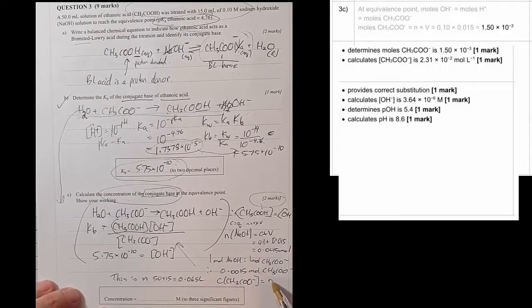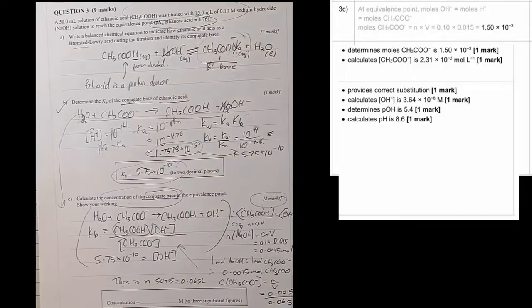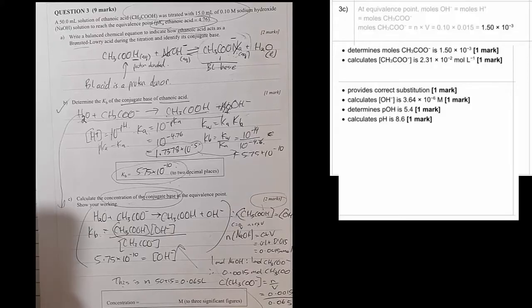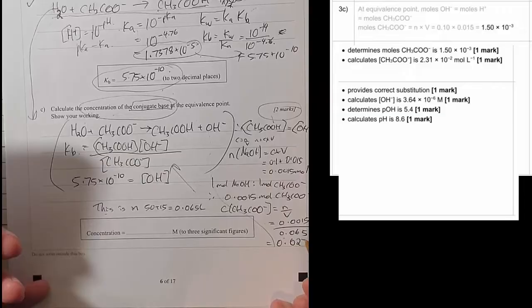C equals N on V. So that is 0.0015 over 0.065. It's a little annoying they leave such a short amount of space, because to do proper working is half a page for this, and I don't know why they do that. Anyone who's doing a good answer is going to be doing it like this, because I know I've used up space there, but that still doesn't make room for the rest of it. So putting that into the calculator, 0.0230.